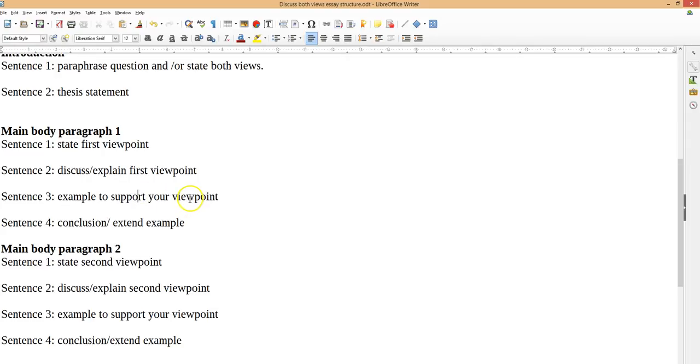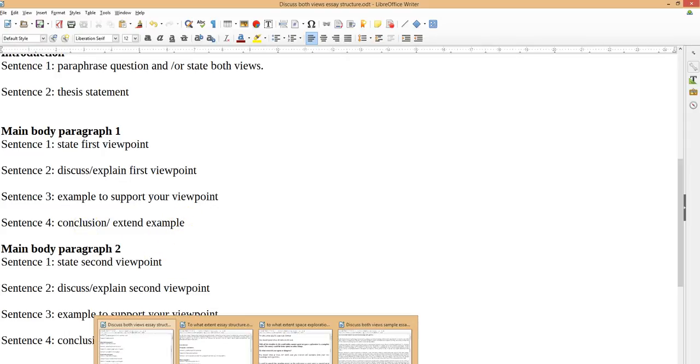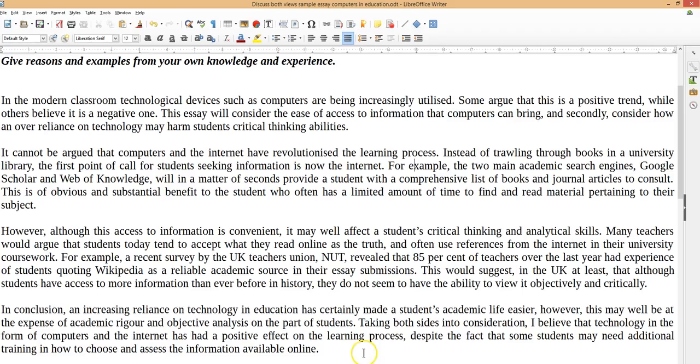Example, Google Scholar, you can find out all these different things. Conclusion: therefore, what did I say? This is of obvious and substantial benefit to the student. Okay, so that's not bad.